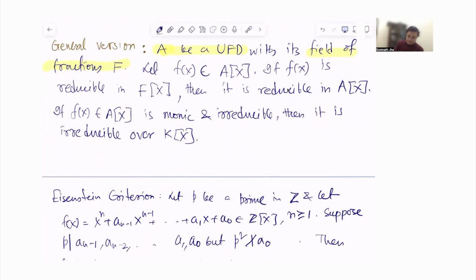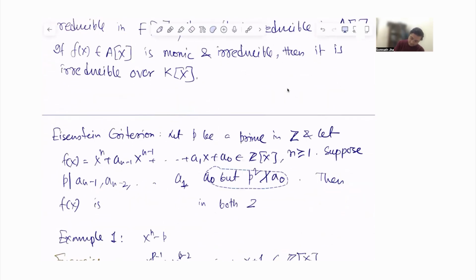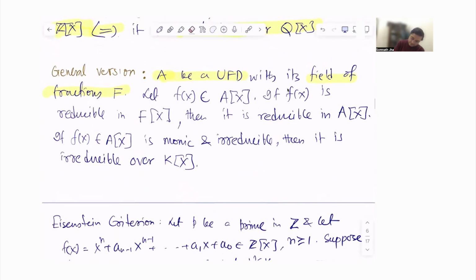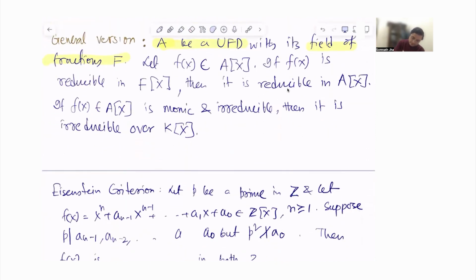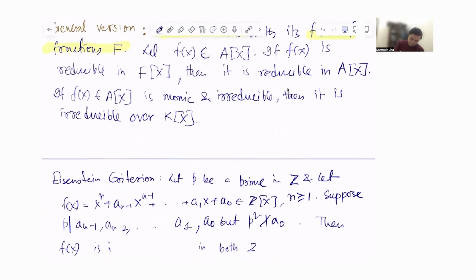So p divides all the coefficients, but p squared doesn't divide a_0. Okay, then f(x) is irreducible in both Z[x] and Q[x].